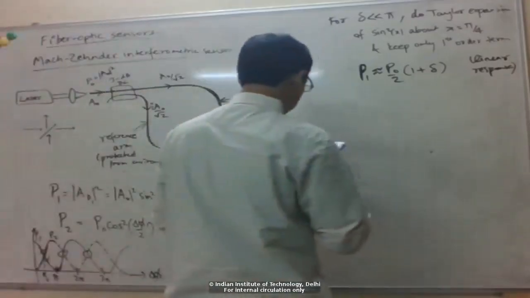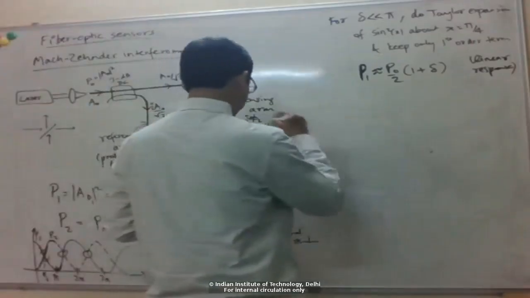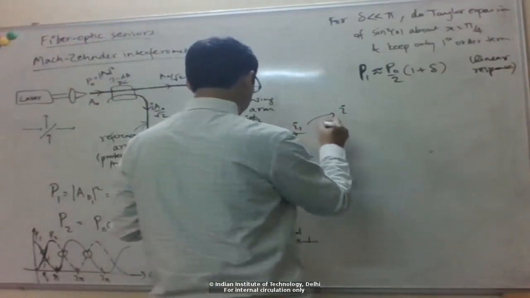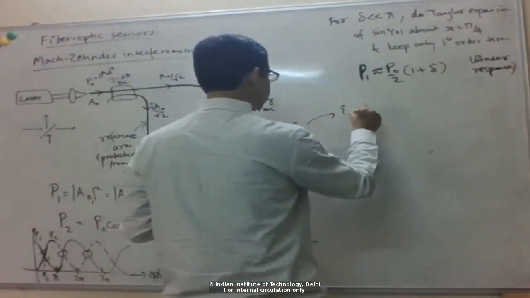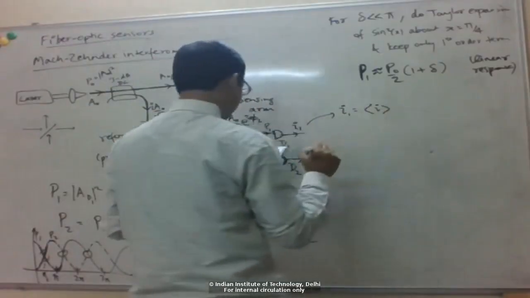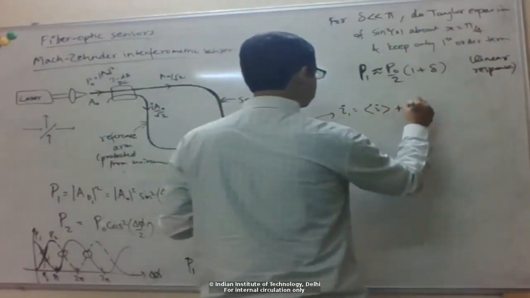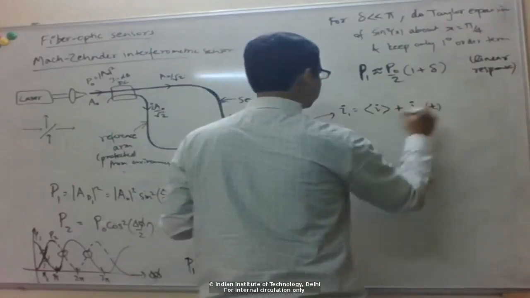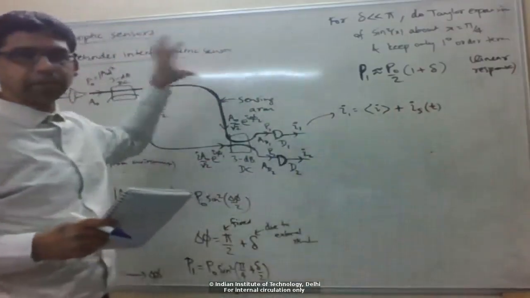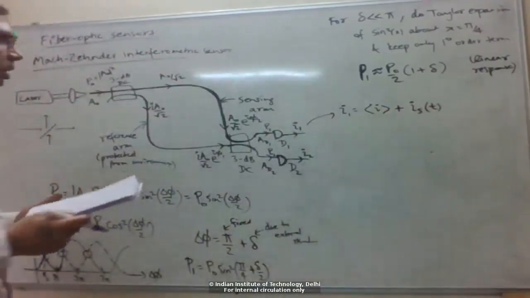So if you look at I1, for example, that is some average DC current plus a signal current, which could, for example, be a function of time due to this external stimulus varying with time, which you want to monitor.